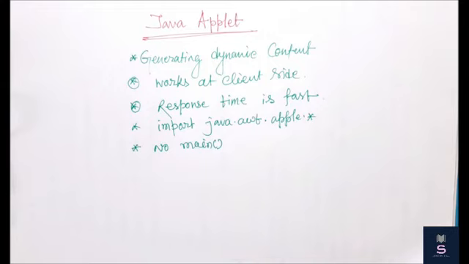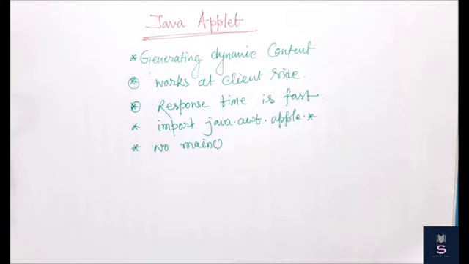Later we will discuss how to compile a Java applet program, how to run it, when the plugin is required, and how to run the applet program if I use the appletviewer tool. I will discuss that later in detail. Right now I am just talking about the basics of applets.